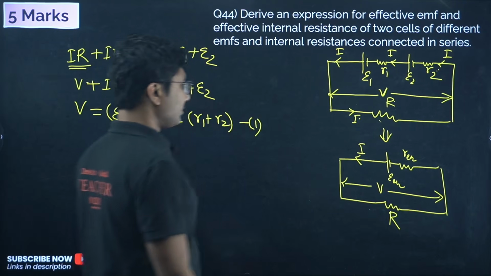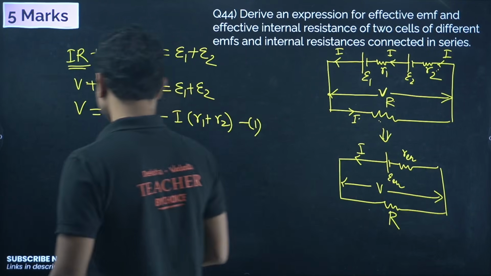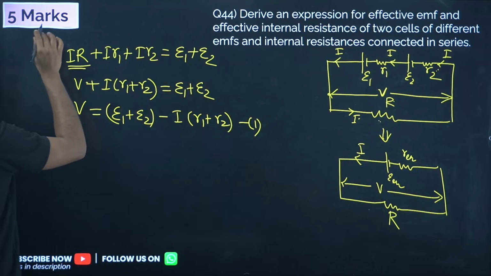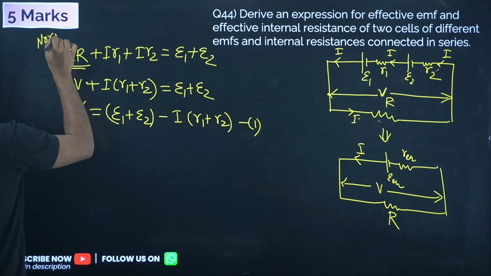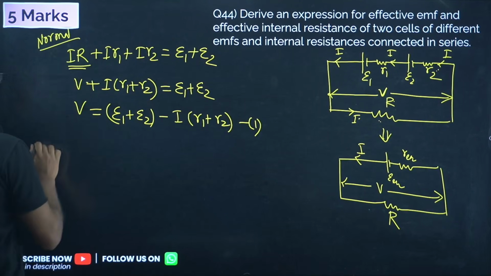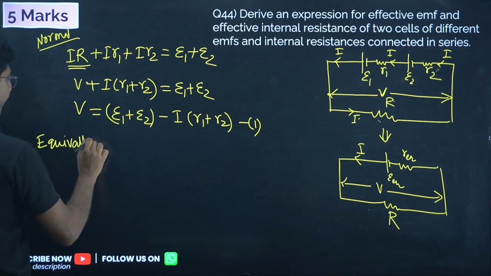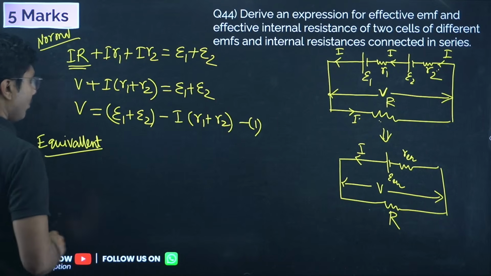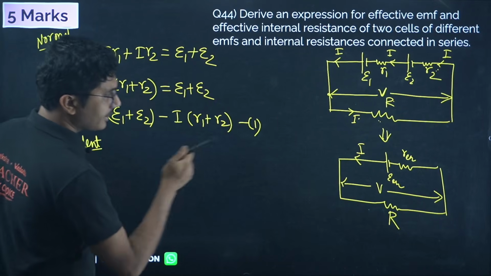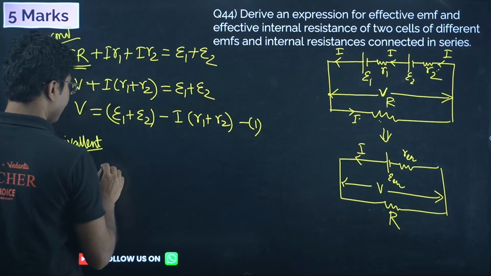Now if you apply Kirchhoff's law in the equivalent circuit, this is the normal circuit and this is the equivalent circuit. For the equivalent circuit the same calculation can be done again.